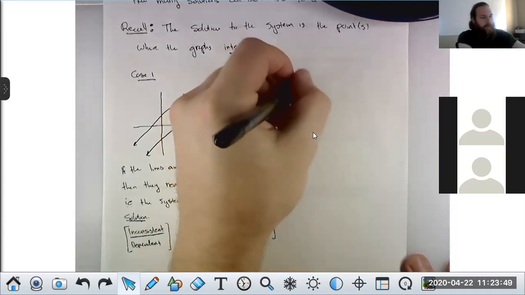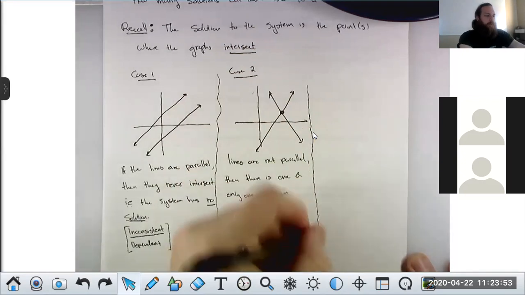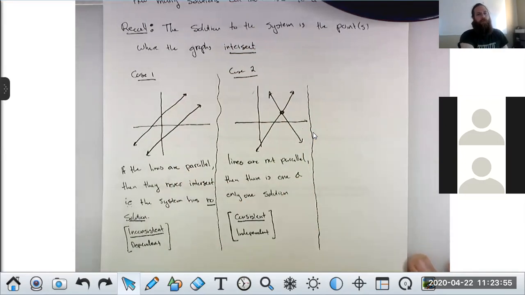You can see here that I've left some space for a case 3. Is there anything that's not covered in these two cases? What if the lines have the same slope and the same y-intercept?